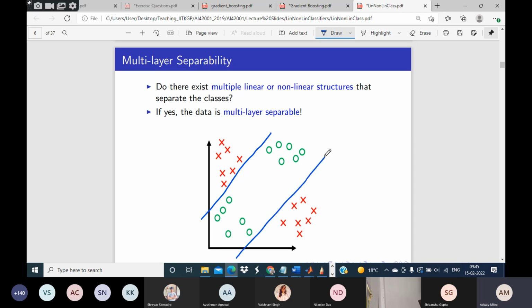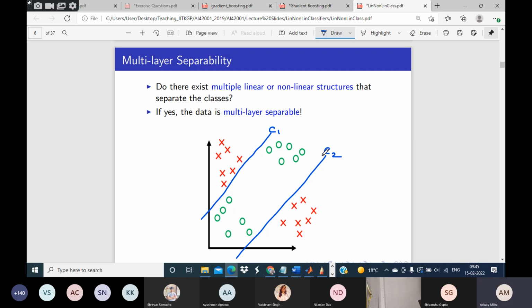If you consider this line, then also there are pluses on both sides. If you consider this line, there are greens on both sides, and so on. But if you consider a pair of lines like this, then you can define some kind of relation like this. So let's say this is C1 and this is C2.